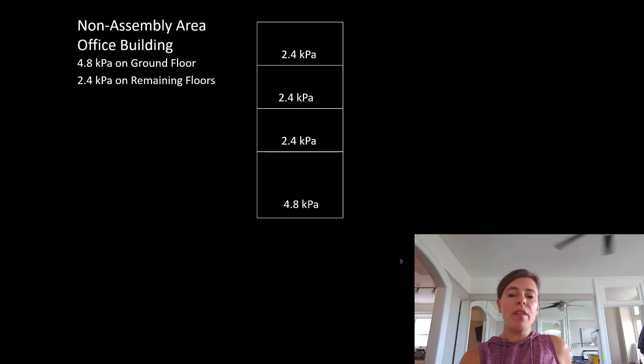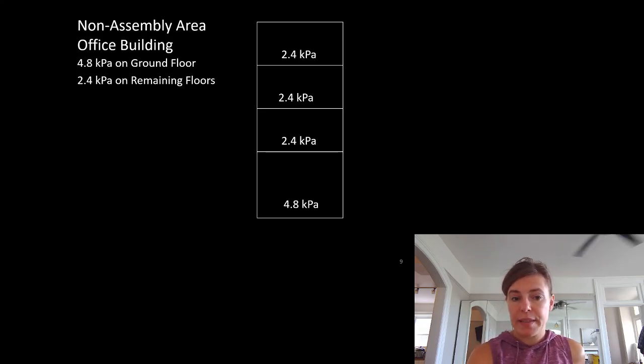Then we have our non-assembly category of things. So an office building would be a great example of a non-assembly building. For office buildings, we say that no matter what, the ground floor is probably going to be an assembly area. If you've ever been in any of the major buildings downtown Toronto, you know that they have big lofty ceilings, nice open spaces, and you've probably seen Christmas parties happening in the foyers of those.